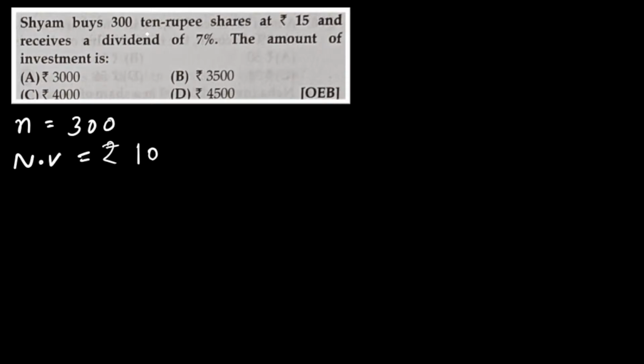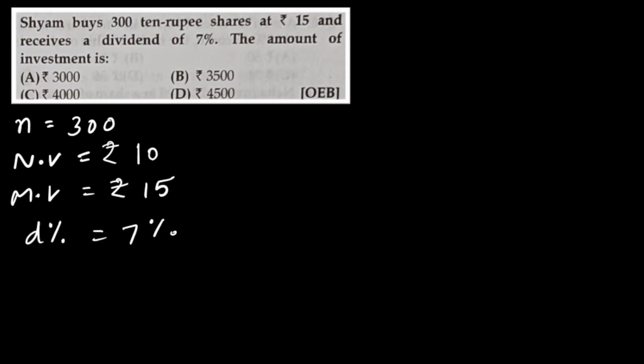So nominal value is rupees 10. Shares at rupees 15 means the shares are sold at rupees 15. That means market value is rupees 15. And receives a dividend, so dividend percent is also given to us as 7%.